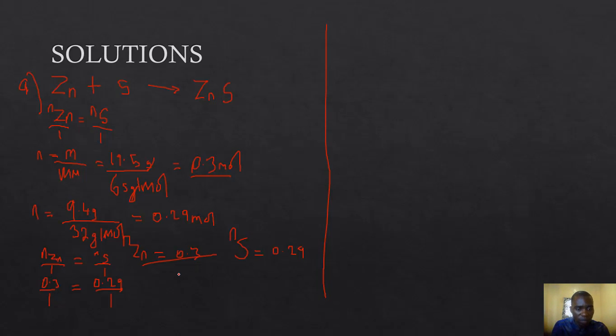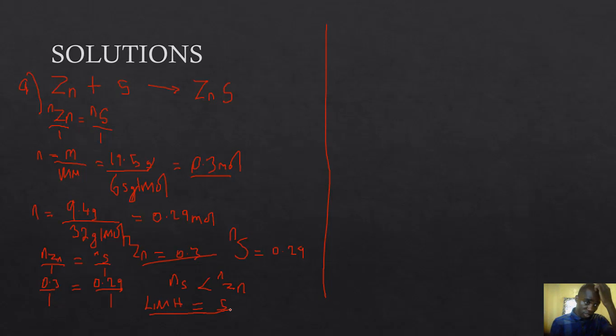So since the number of moles of sulfur are less than the number of moles of what? Zinc. Therefore, the limiting reactant here, you write the full word, will simply be what? Sulfur. And that is how you determine.